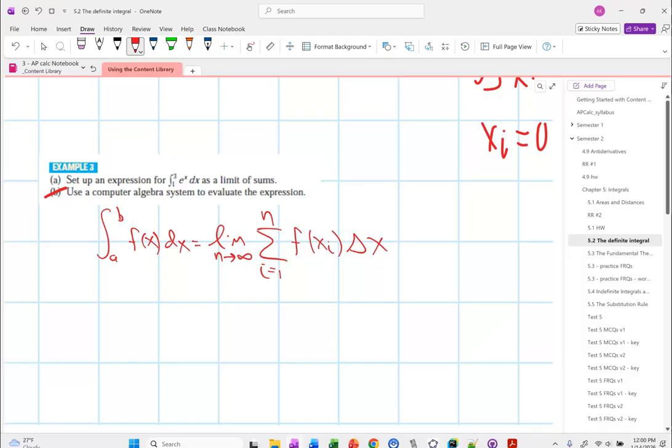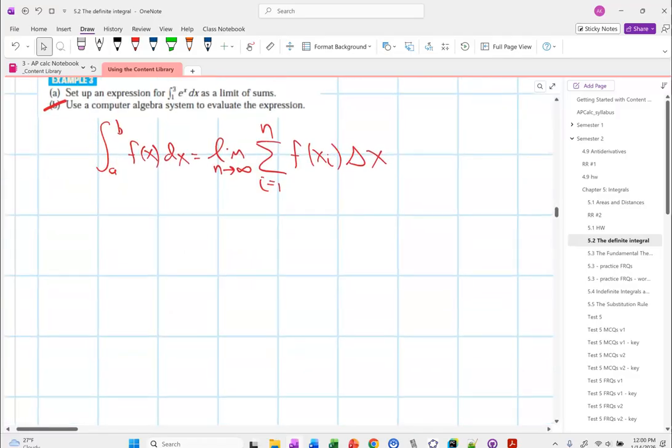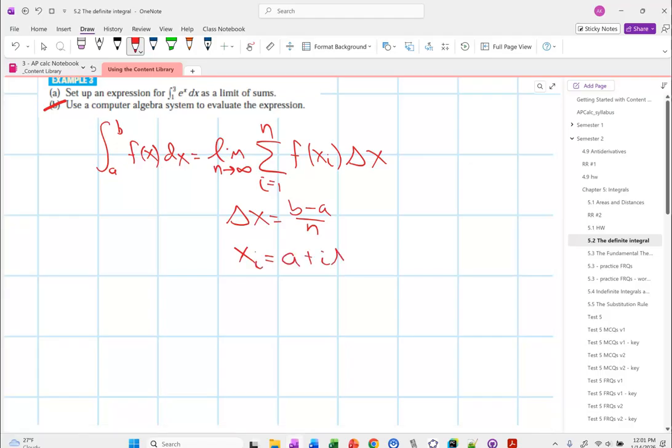So we know this, right? This is the formula for an integral using a right Riemann sum. And we know that delta x is b minus a over n, and xi is a plus i delta x.